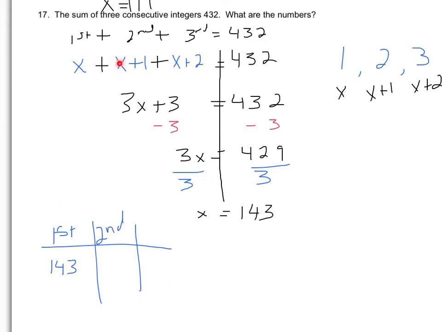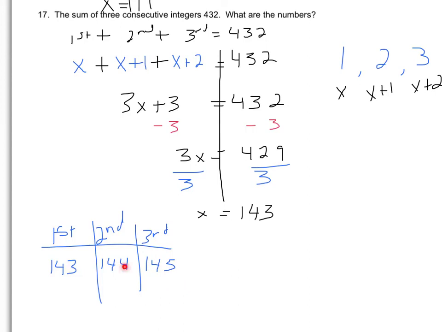So 143 plus 1 is 144. And for our third term, we're going to substitute 143 in here. So 143 plus 2 is 145. So here I have three integers, three whole numbers. They just happen to be positive. They are consecutive, which means they're in order when I count.